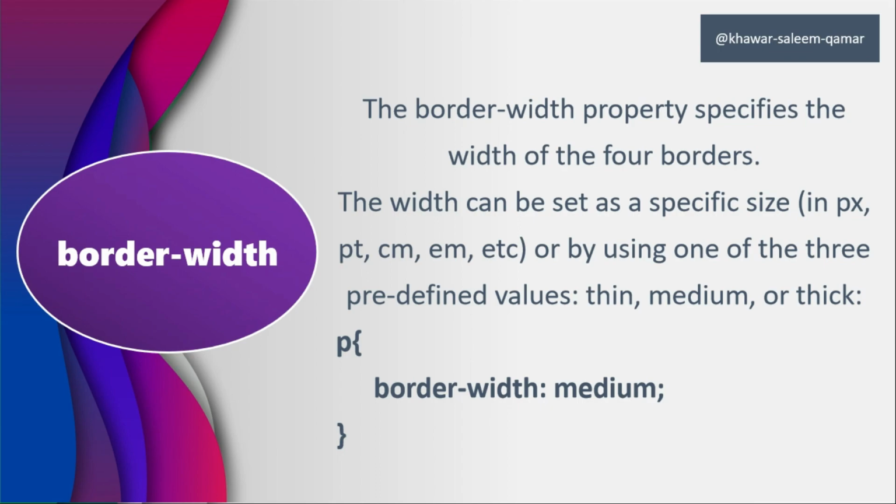By specifying this property, you are able to specify the width you want for the border of an element. There are various ways to specify the value for this property. Right here, as you can see, these are the units in which you can provide these values.